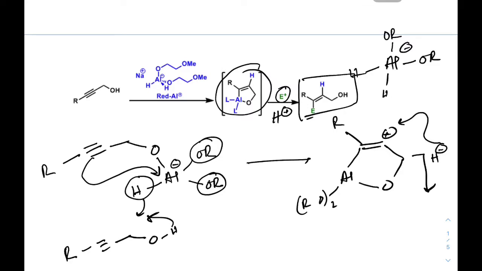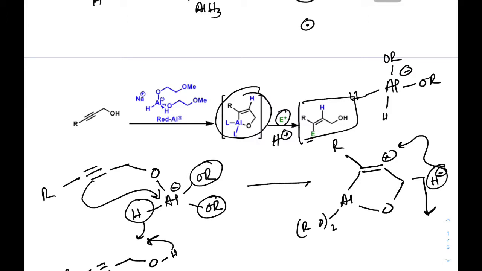This attack of the H minus and the attack on the aluminium center can also be simultaneous, but that is the basic mechanism in case of Red-Al. Lithium aluminium hydride is less soluble in organic solvent, but Red-Al is more soluble in organic solvent, and Red-Al is thermally stable. Therefore, in high temperature reactions we can use Red-Al instead of lithium aluminium hydride.